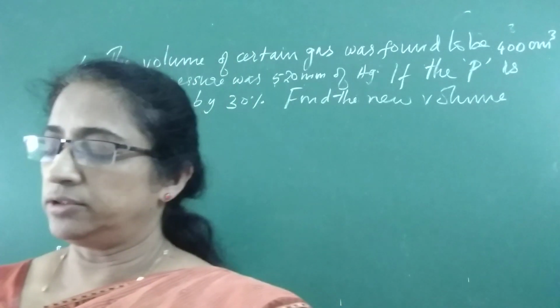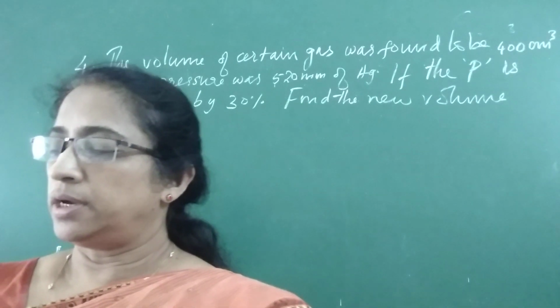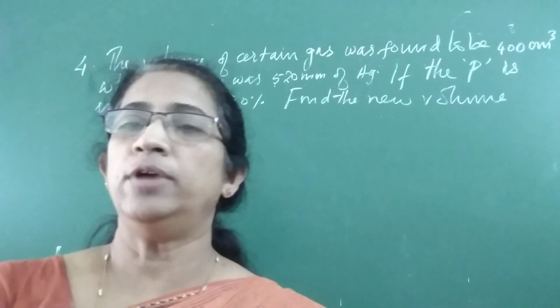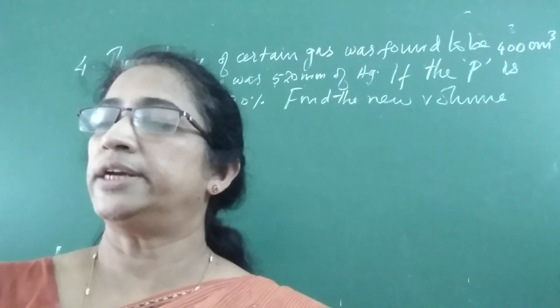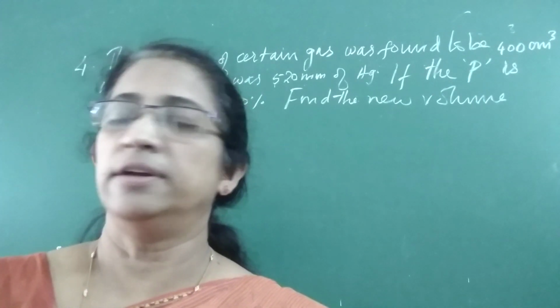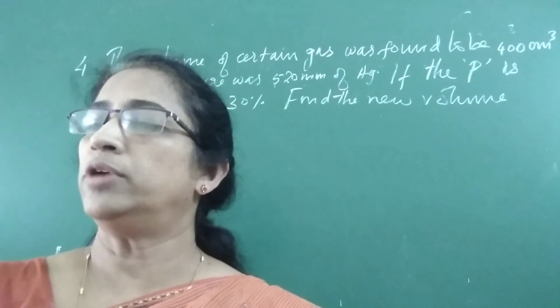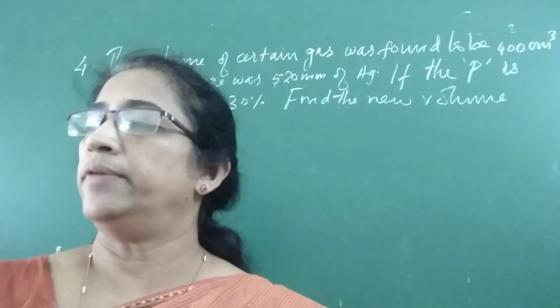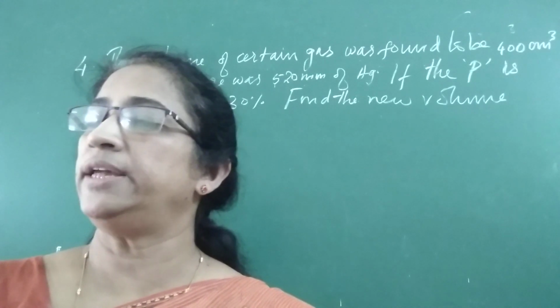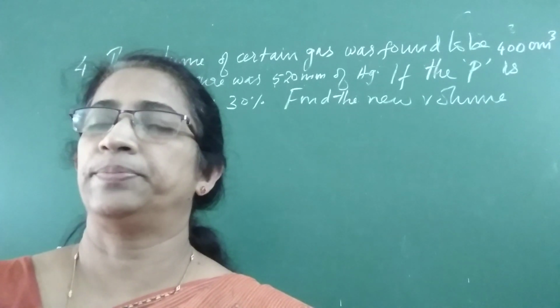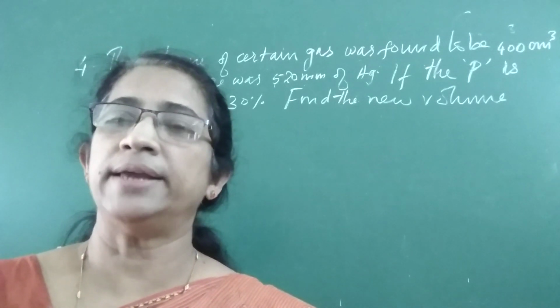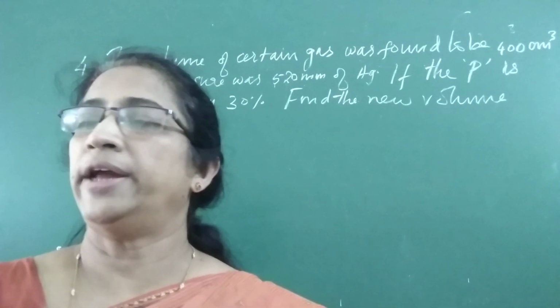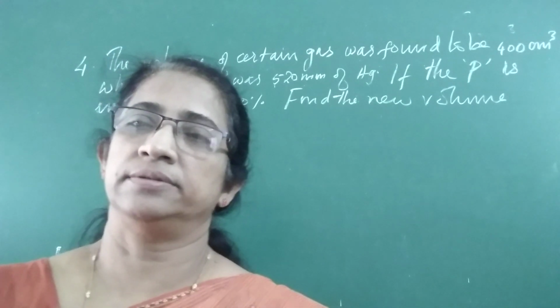The next question, number 4. Write down the question. The volume of a certain gas was found to be 400 cm³ when the pressure was 520 mm of mercury. If the pressure is increased by 30%, find the new volume of the gas.